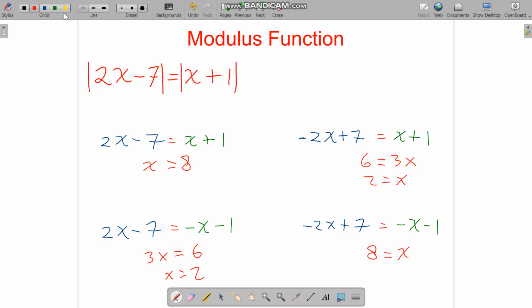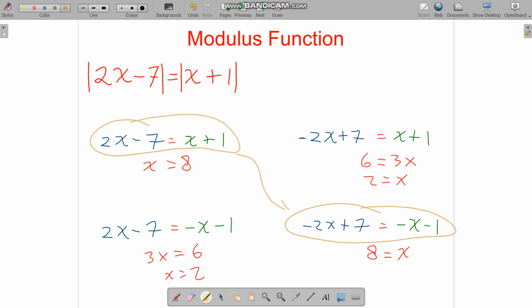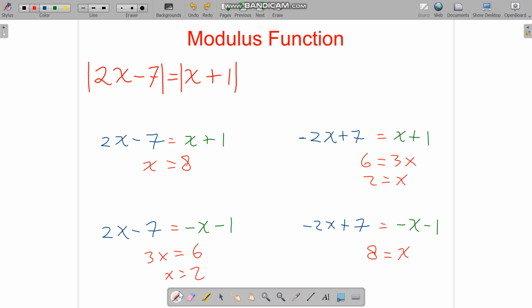Actually, this equation is exactly the same as this equation if you just multiply throughout by negative 1. So if you try plugging in 8 and 2, you'll see that they are all accepted. So we have two solutions here.